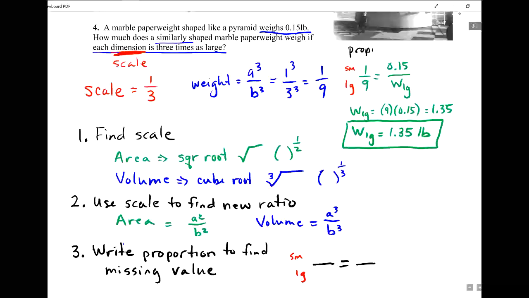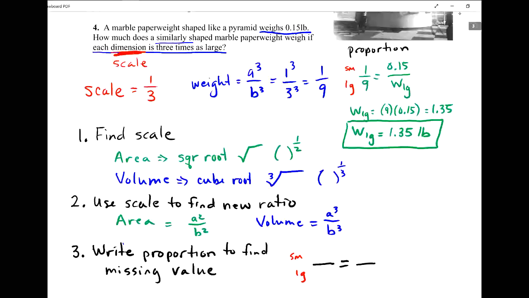Right here we write our proportion, and I'm putting small over large, so I make a note of that. I use my 1/9 that I know is my weight ratio, and then the weight of my small over the weight of my large. Then I simply cross multiply, and we find out the weight of the large is 1.35 pounds, so quite a bit more.